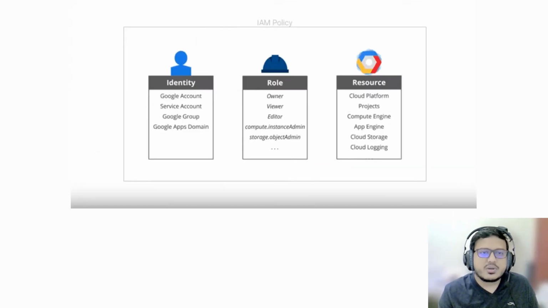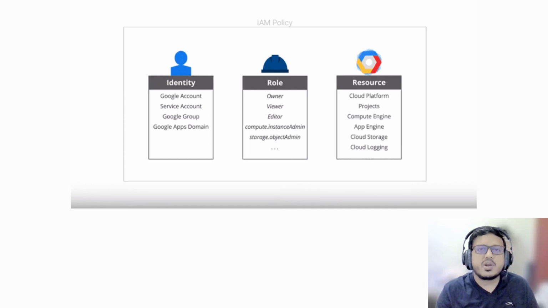Now let's talk about Cloud IAM. Now, simply put, Cloud IAM controls who can do what and on which resource. So that's a one-liner to describe IAM. So who can do what and on which resource. So a resource can be a virtual machine, a database, a user, and so on.